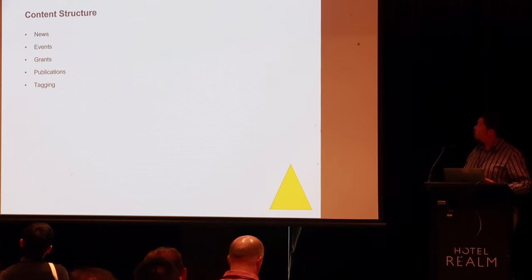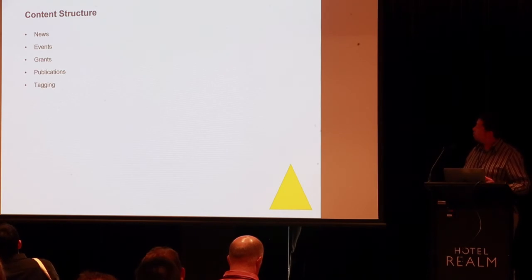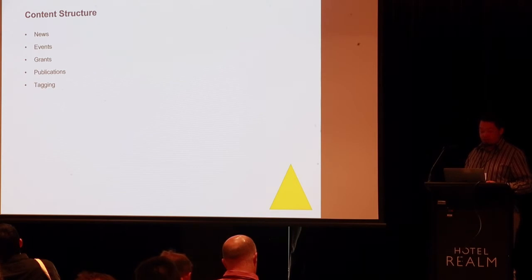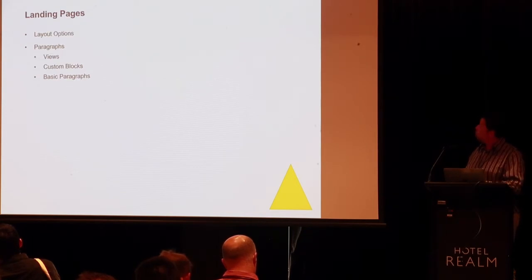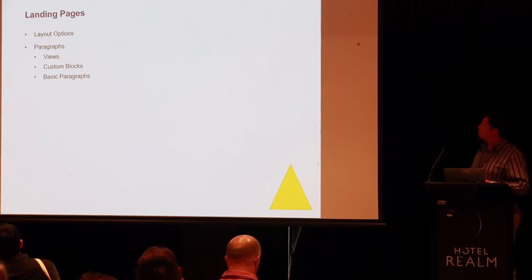Our content structure within the CMS is pretty standard. There's nothing really amazing that you're going to see there. News, events, grants. We're using taxonomy for tagging. One of the things that we have tried to get happening is what we're calling a landing page, which is a very flexible page that allows users to add in a whole bunch of small components of content.